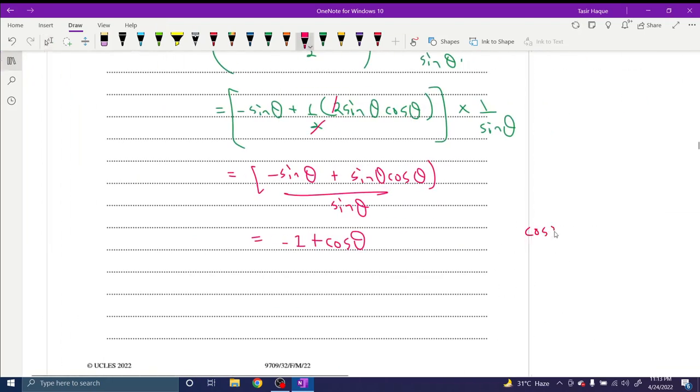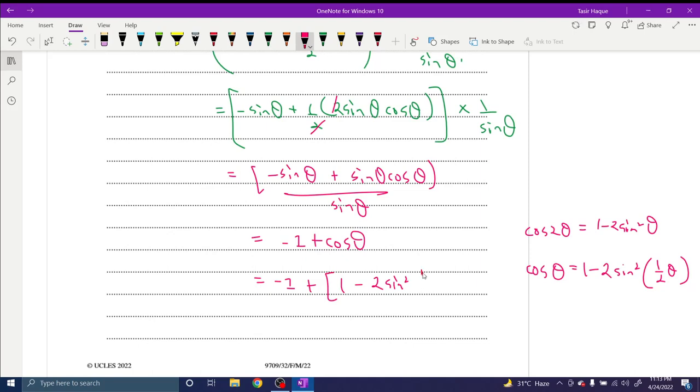So cos twice theta is equal to 1 minus 2 sine square theta. So what about this? Can't we write this? Cos theta is equal to 1 minus 2 sine square half theta. Doesn't it work? So this equals to minus 1 plus 1 minus 2 sine square half theta. We end up with minus 1 plus 1, that's 0. We end up with just minus 2 sine square half theta. That's it. Okay, shown. Let's move on.